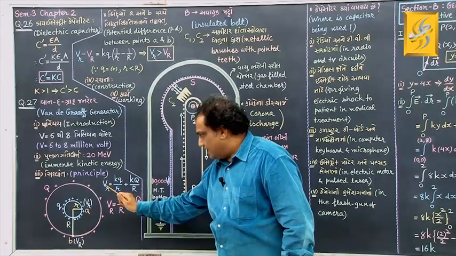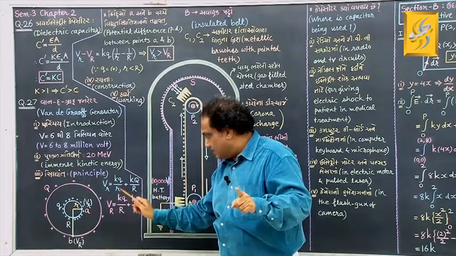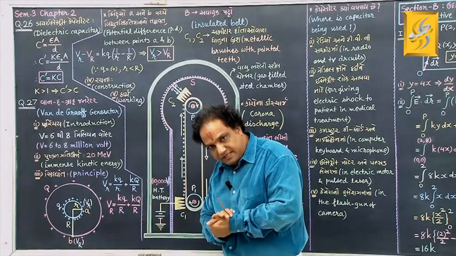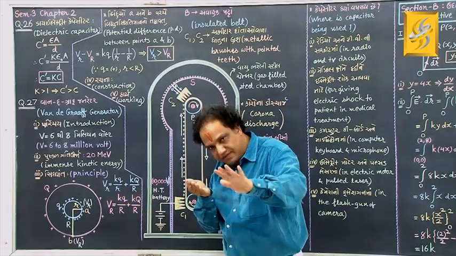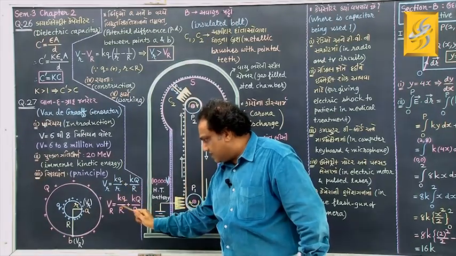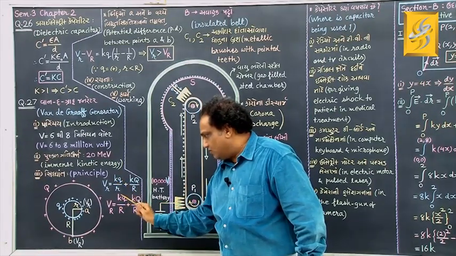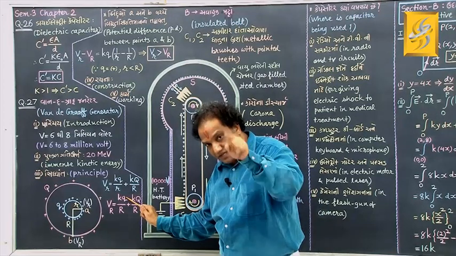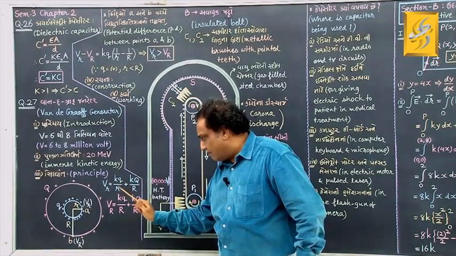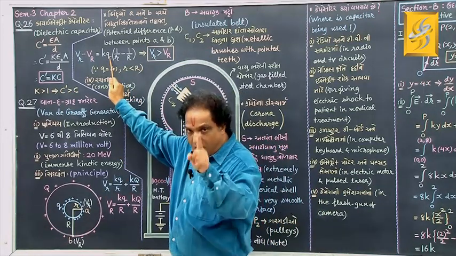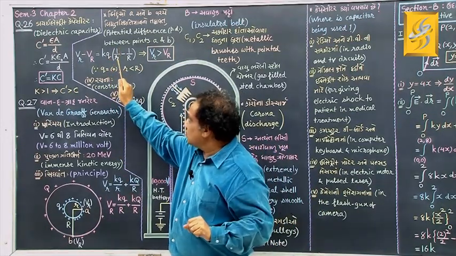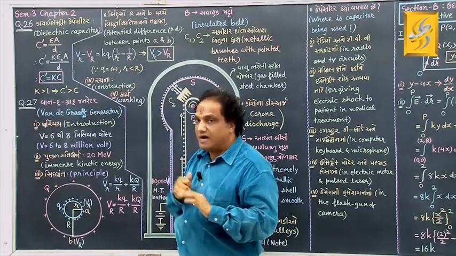When you take this minus this, the K Q upon R terms will cancel. Now it is this minus this, in which K into small q can be taken common inside the bracket, 1 upon small r minus 1 upon capital R.